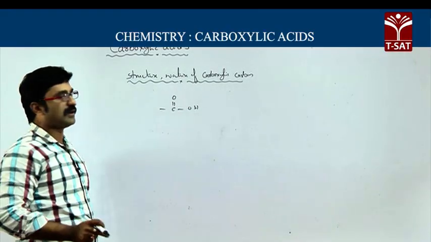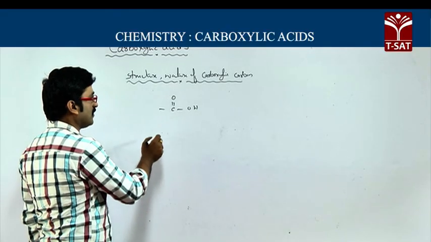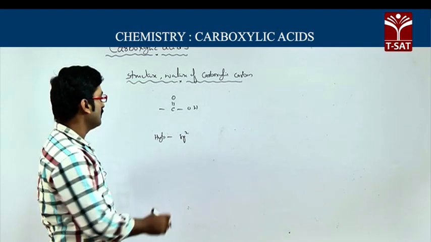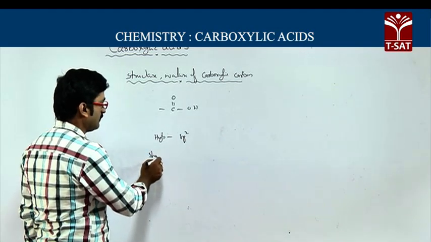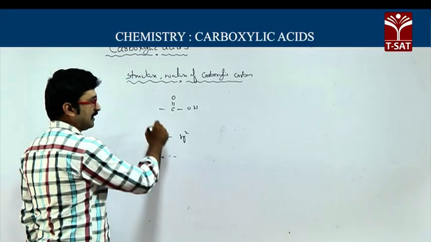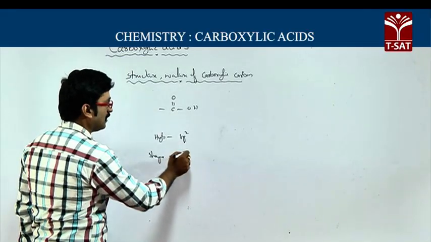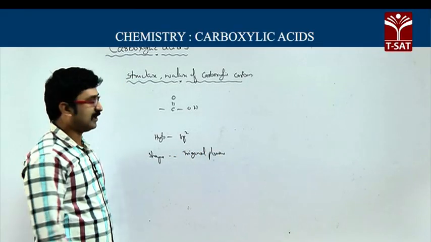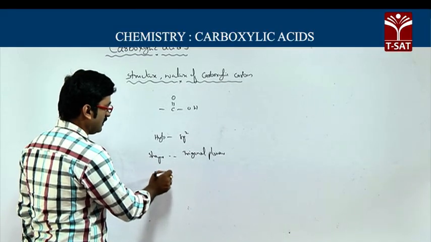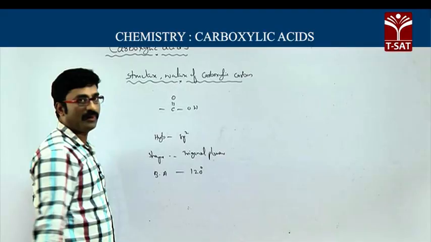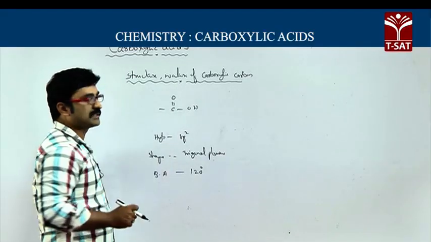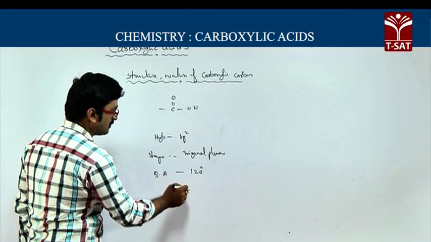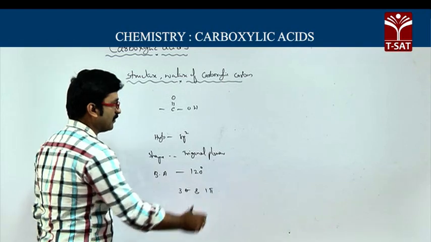This is called the carboxylic carbon, and this carboxylic carbon undergoes sp2 hybridization, and the shape, the arrangement, is trigonal planar, and the bond angle is 120 degrees. This carboxylic carbon is bonded by 3 sigma bonds and 1 pi bond.